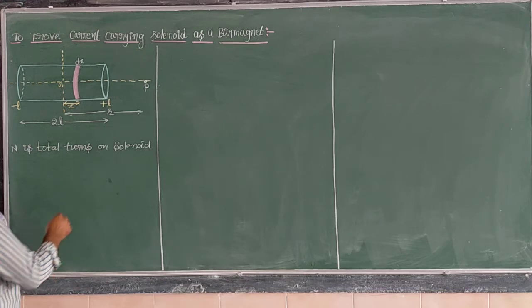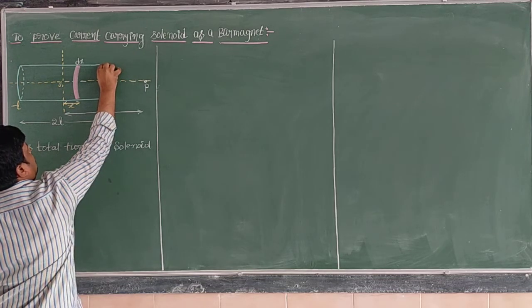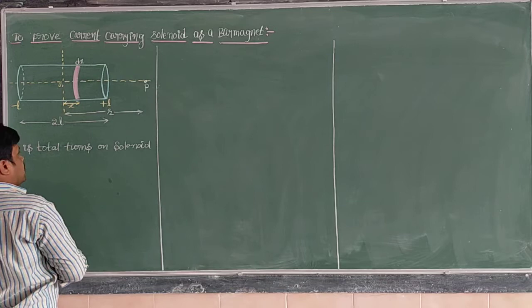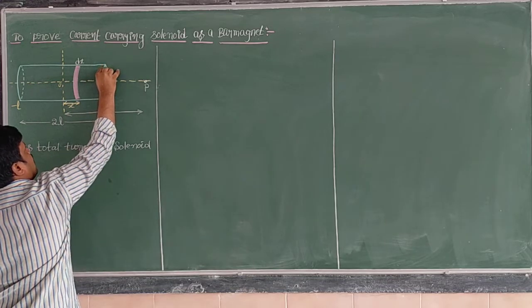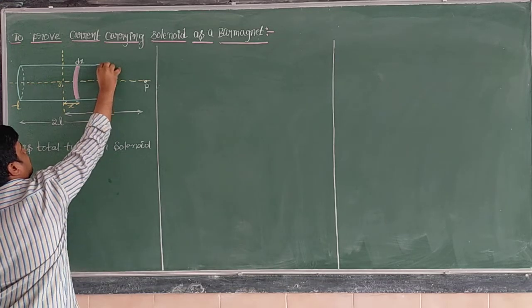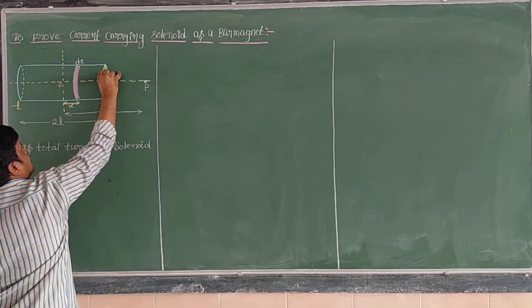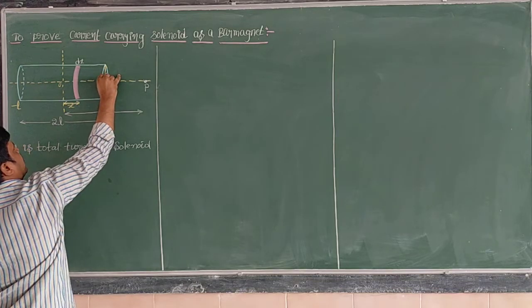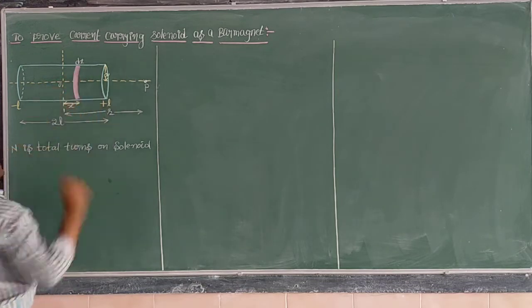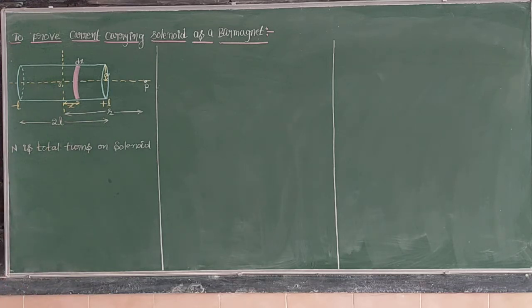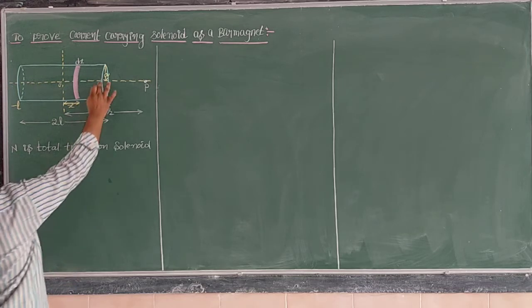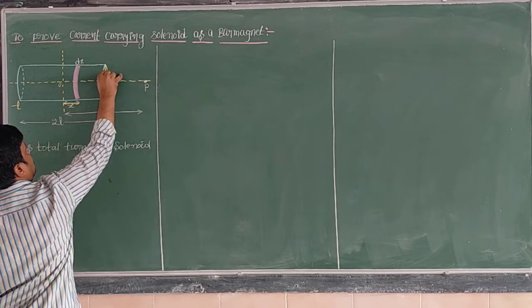Here, the radius of the solenoid is denoted by small a. We can take r also, or capital R also, no problem.